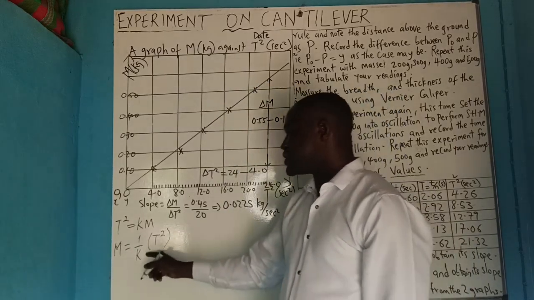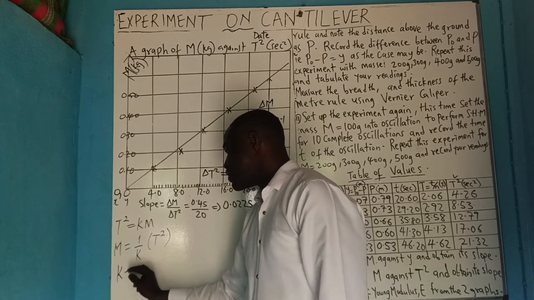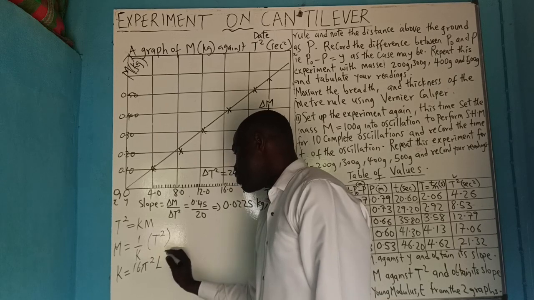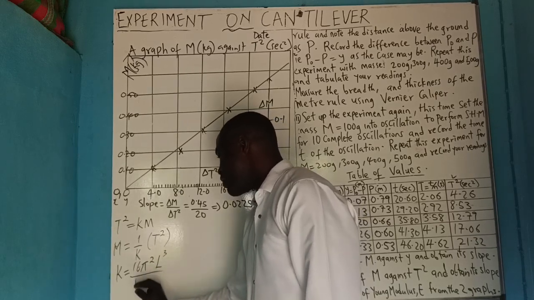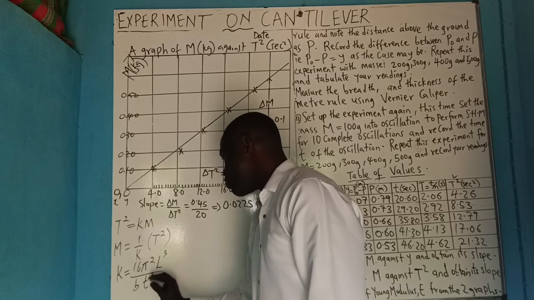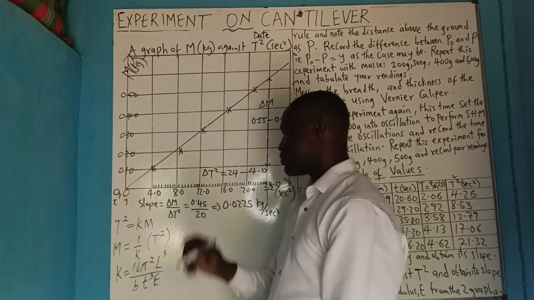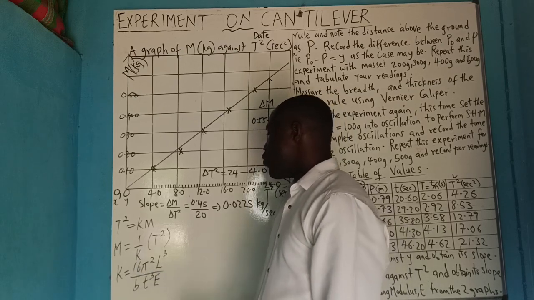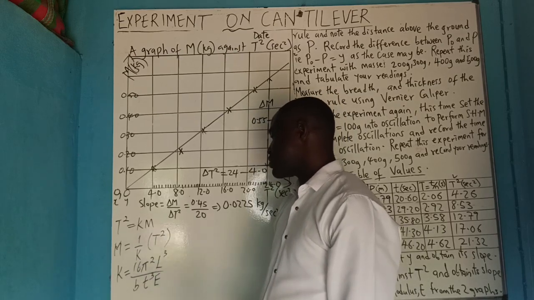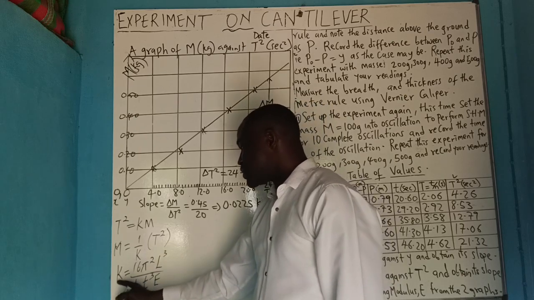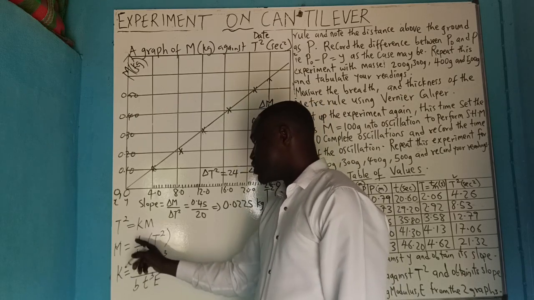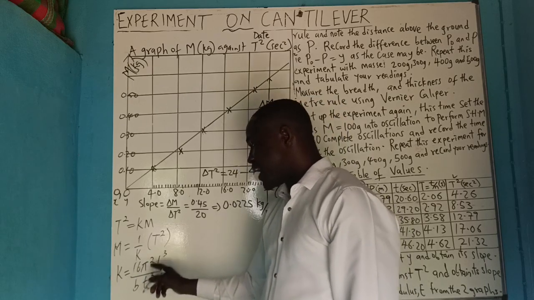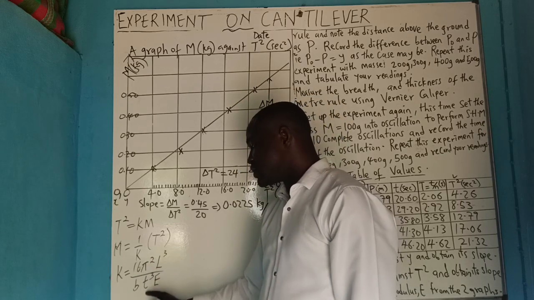That means what is our k? We say our k is equal to 16 pi square L cube all over b t cube E. When we finish plotting this, what is our slope? We say this is our slope, but k is 16 pi square L cube all over bt cube E.